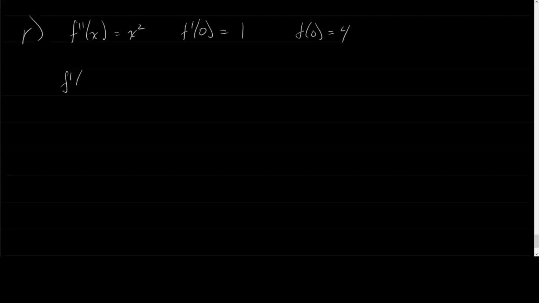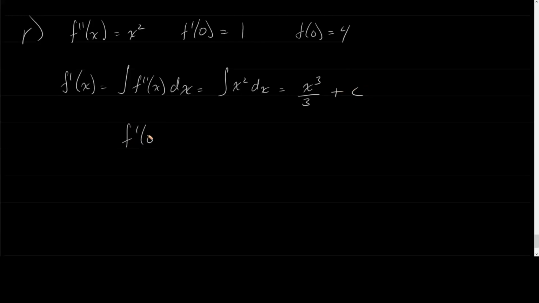Well, we know that f prime of x will be the antiderivative of f double prime of x, which means I have the antiderivative of x squared dx, giving me x cubed over 3 plus c, right? Add 1 to the exponent, divide by the new exponent. Now, I know that if I plug in 0, I'm supposed to get 1. So that's going to allow me to solve for this c.